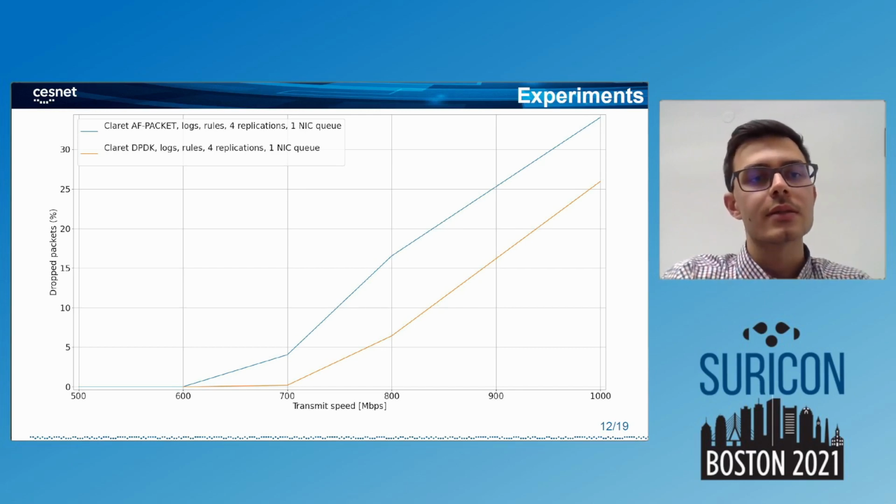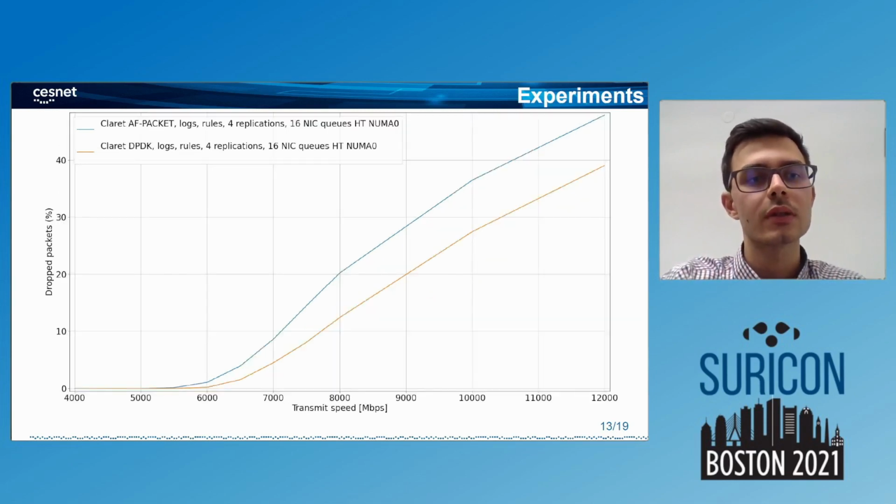So in this case, it provided about a 16% increase in performance. With more queues and more threads enabled, it provides similar results as in the previous graph. It was able to receive more packets.